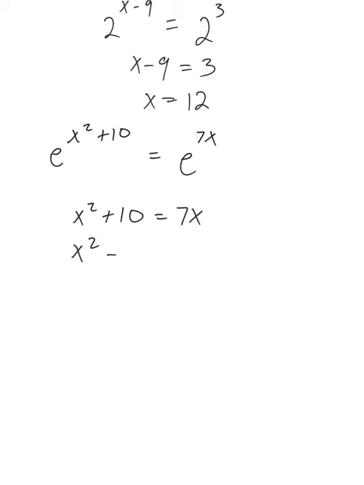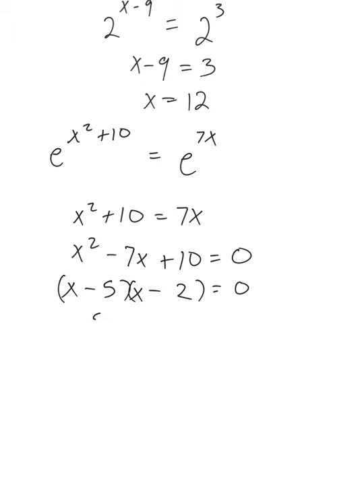I am going to move everything to one side, set it equal to 0, and find my roots. Let's see here, I think this is factorable. This is x minus 5 and x minus 2. Well, then my roots are 5 and 2. So x in this case can equal 5 or 2.